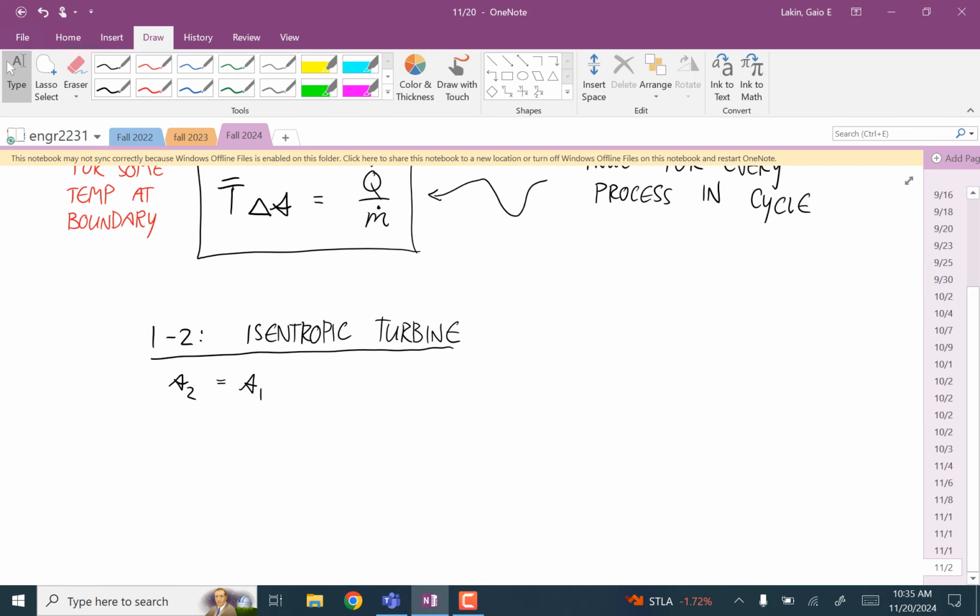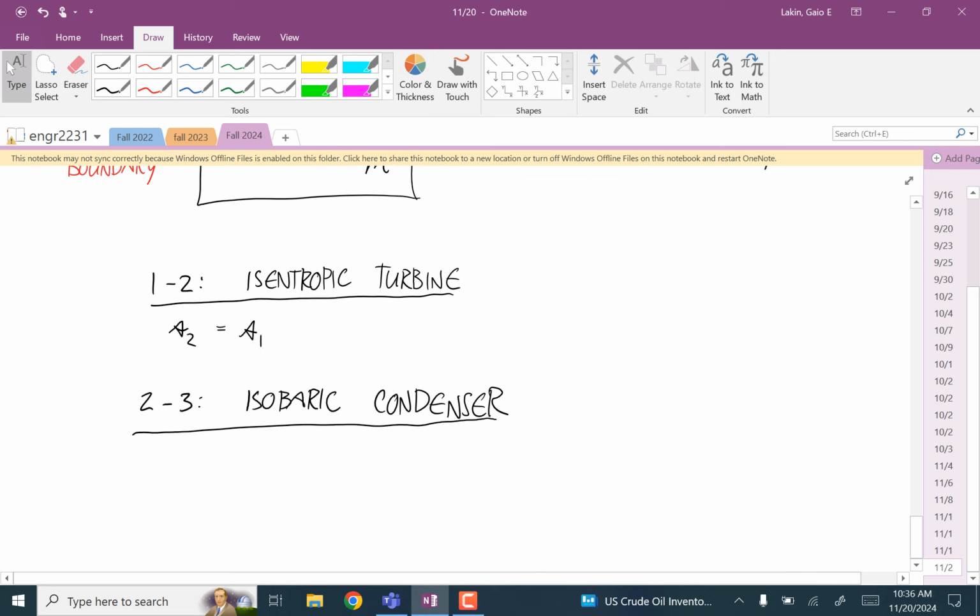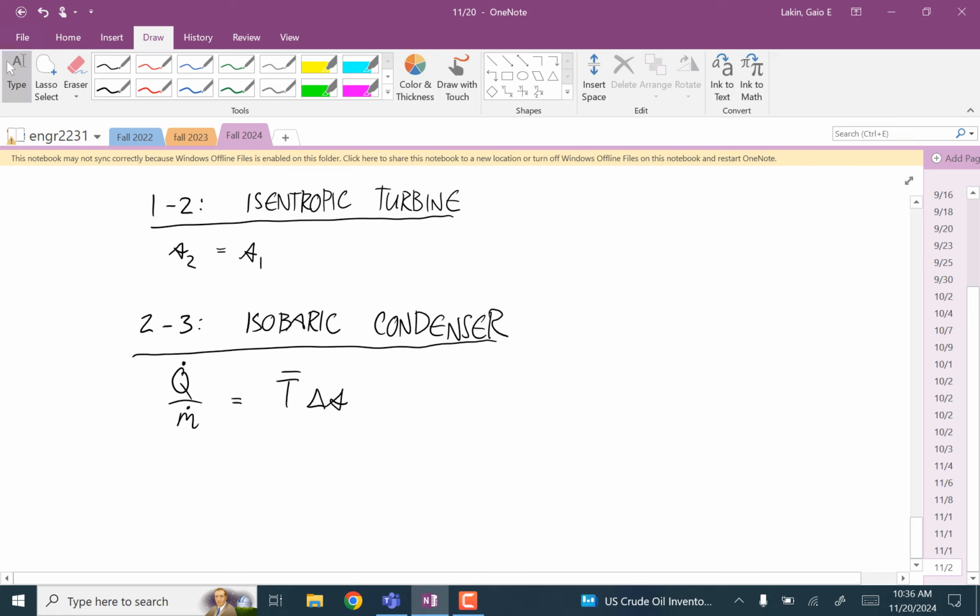The second process, 2 to 3, this is the isobaric condenser. Well, we're going to start with that box statement that says Q dot over M dot is equal to this temperature times delta S. In the condenser, our Q is heat leaving the system.